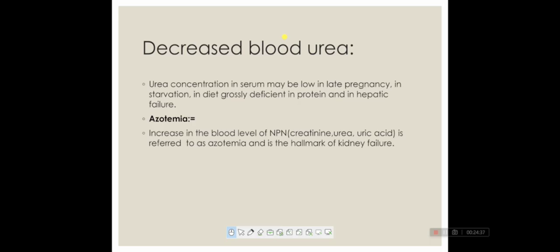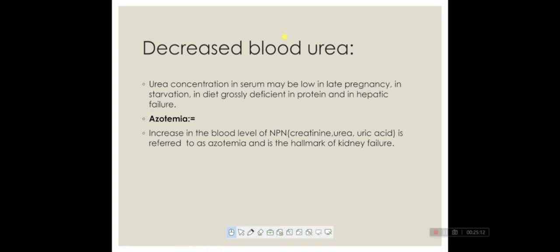Now, what are the conditions in which the blood urea may be decreased? It may be decreased in late pregnancy, in starvation, and in patients who are grossly deficient in protein or who have hepatic failure. So, what is azotemia? An increase in the blood level of NPN, which is creatinine, urea, and uric acid, is referred to as azotemia, and it is the hallmark of kidney failure.